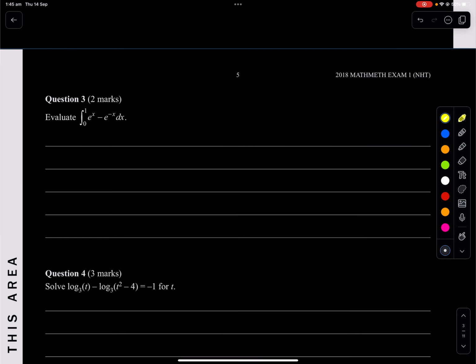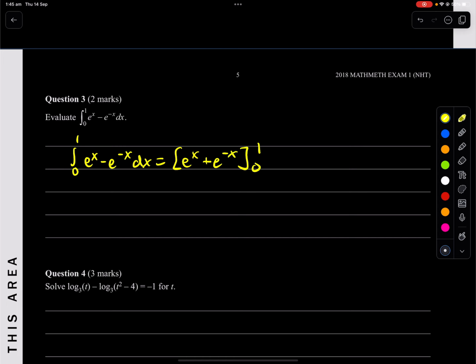Evaluate from 0 to 1 this. This is nice and easy, so this will be, from 0 to 1, e^x minus e^(negative x) dx, which will be e^x plus e^(negative x) from 0 to 1. Which will be e^1 plus e^(negative 1) minus e^0 plus e^0, so e plus 1 over e minus 2.